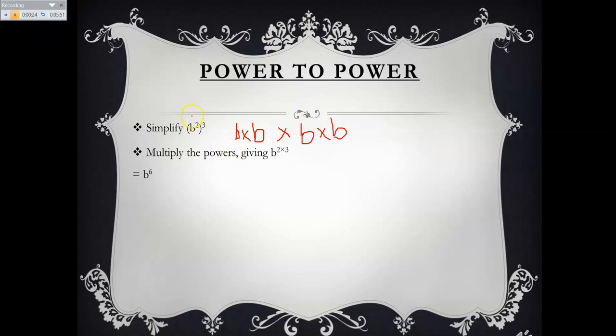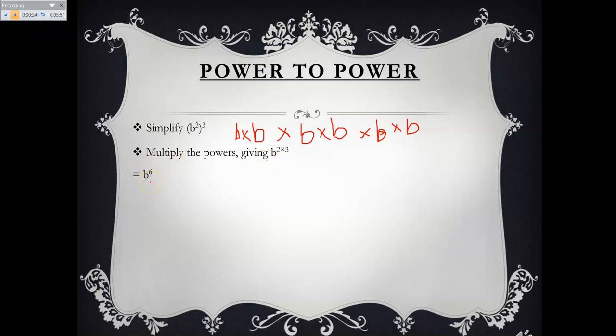That's b squared squared so far. So it says b squared to the 3rd power. So one more time, times b times b. And if you count it, you get 1, 2, 3, 4, 5, 6. So you'd have b being multiplied 6 times. So our answer would be b to the 6th power.